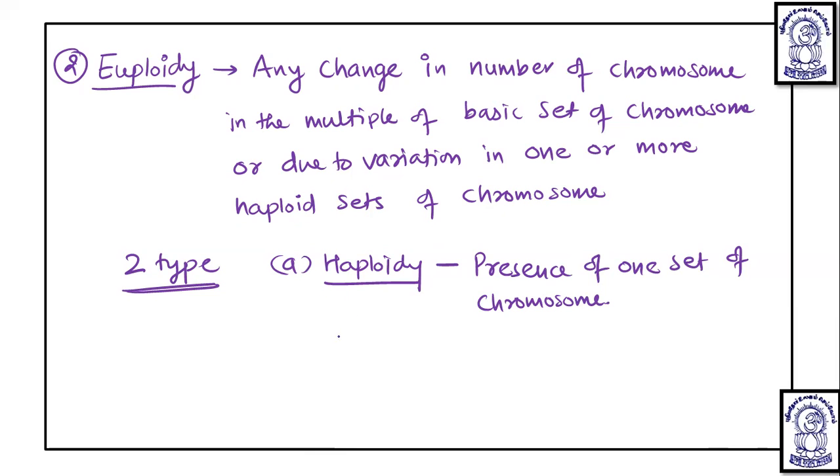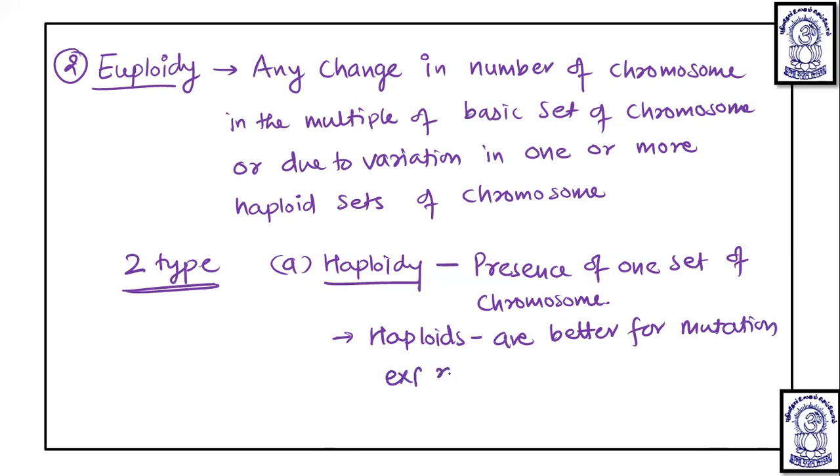And it is known that haploids are better for mutational experimental studies.